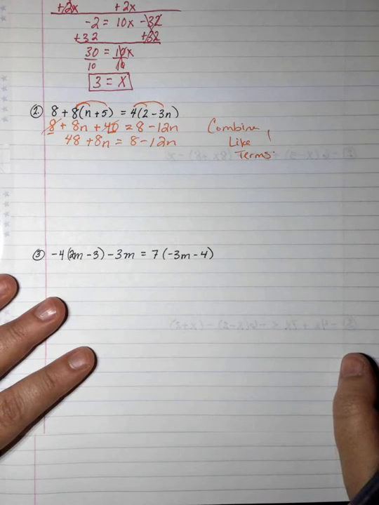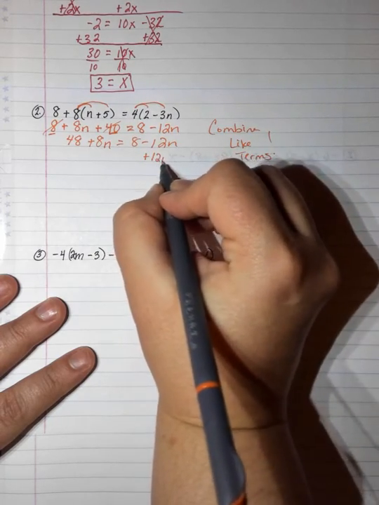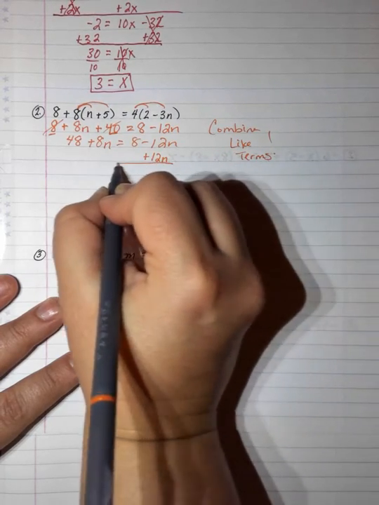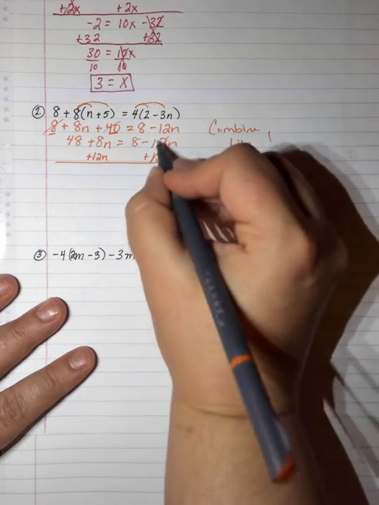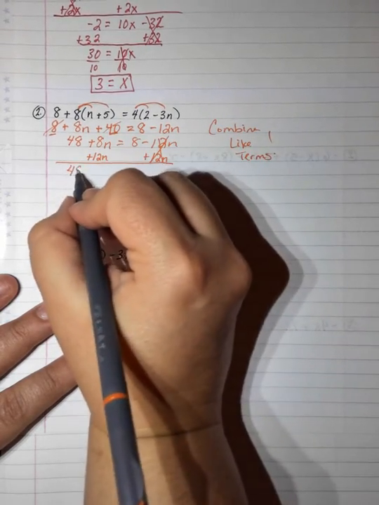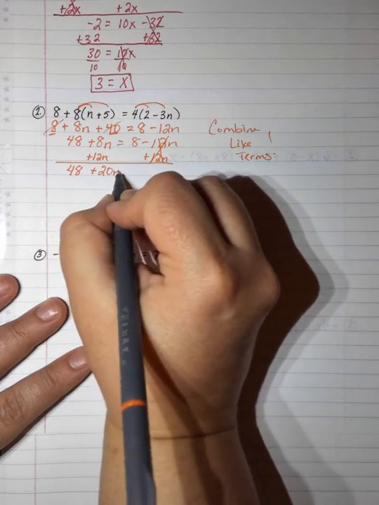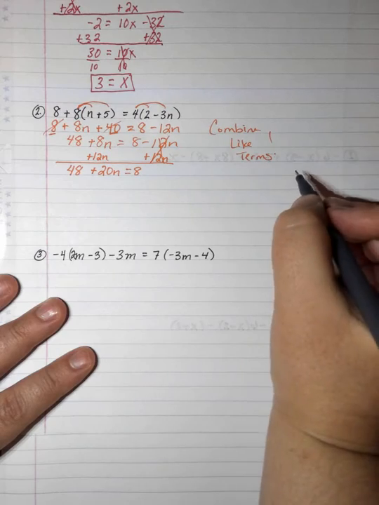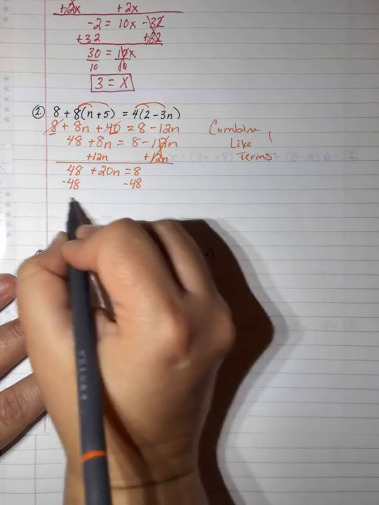Then I can start moving things around across the equal sign. So then I can add my 12n. If I add 12n to one side, I'm going to come over here and add 12n to its like terms on the other side. So my 48 comes down. 8n plus 12n is a 20n. Then I move my 48, subtract it from both sides.